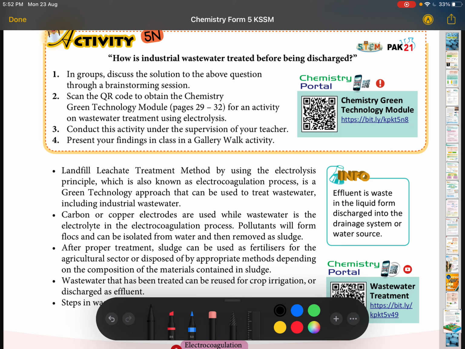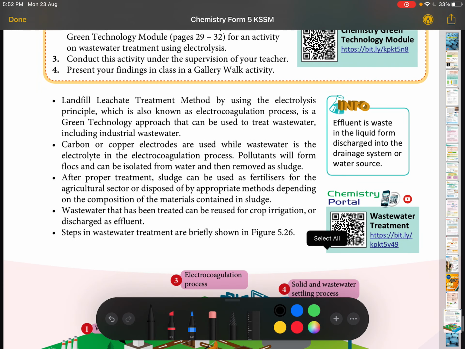When they stick onto the electrodes, they will form sludge. Because these impurities go to the electrodes, they accumulate there. So the water that you get is cleaner. After that, you take the sludge away, and you can make natural fertilizers, or you can just get rid of it in a better way.